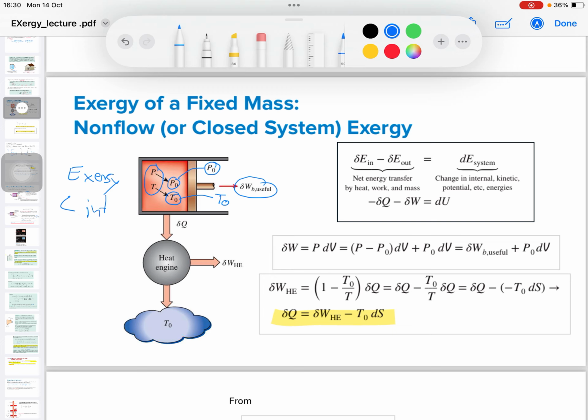Okay, internal energy. All right, because the limit is the atmospheric pressure outside here. Okay, so the potential to do work is less than the energy that I have in the system.